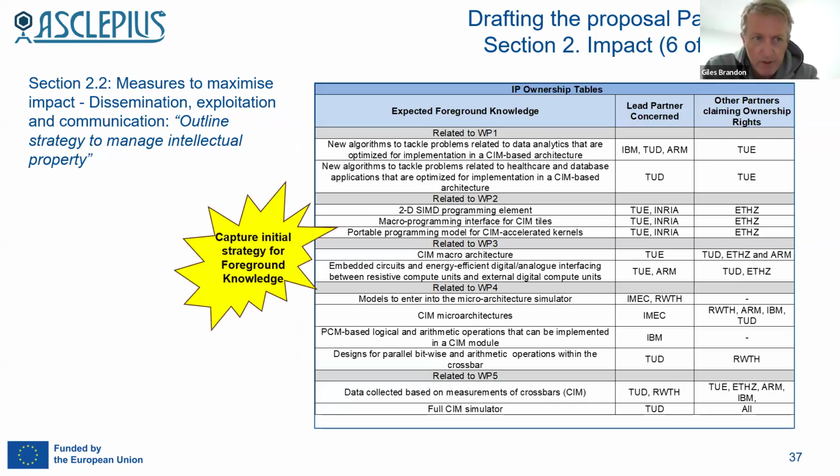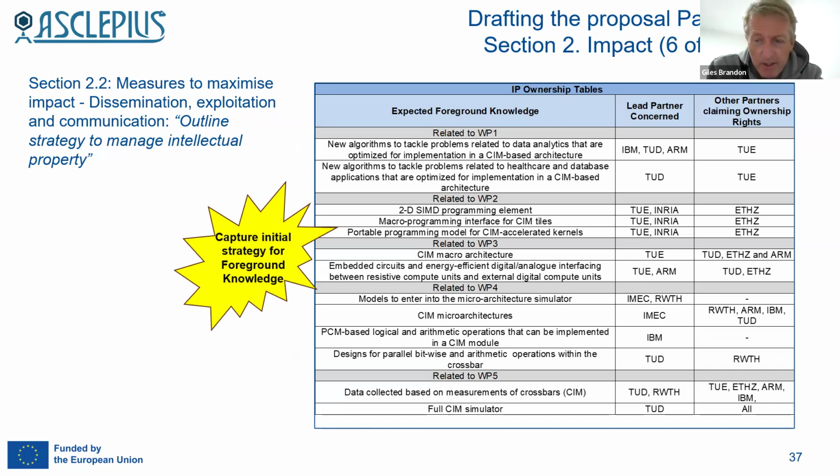Still in section 2.2, on the left, I've written here in italics, the standard application form asks you to outline the strategy to manage intellectual property. Intellectual property is things like patents, trademarks, this sort of thing.